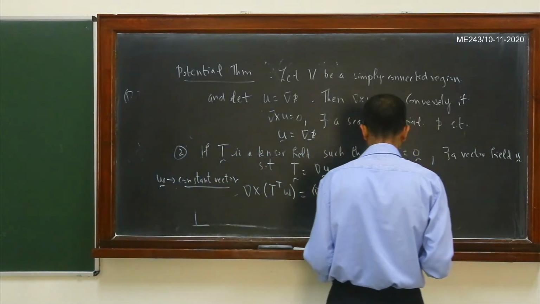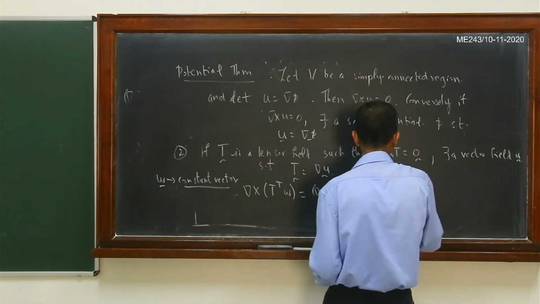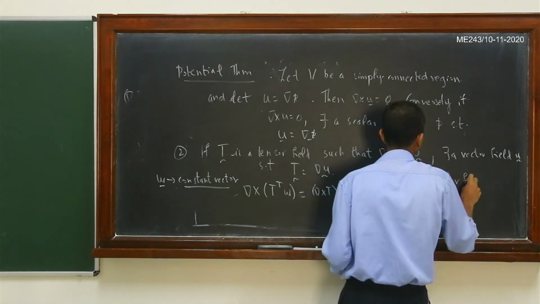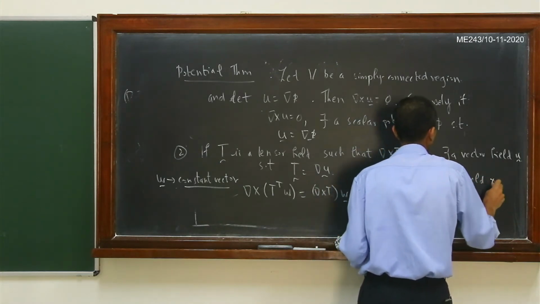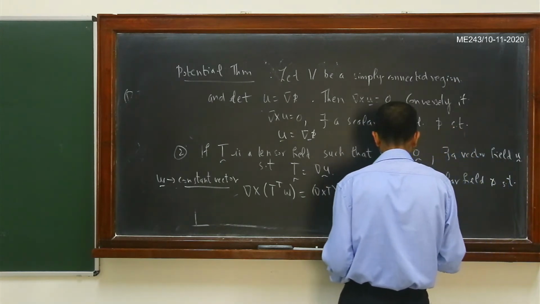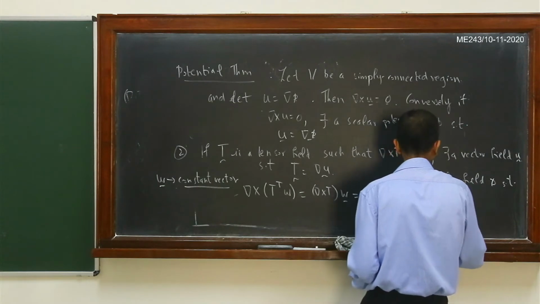So this implies now that there exists a scalar field phi, such that T transpose W is equal to del phi. Right.